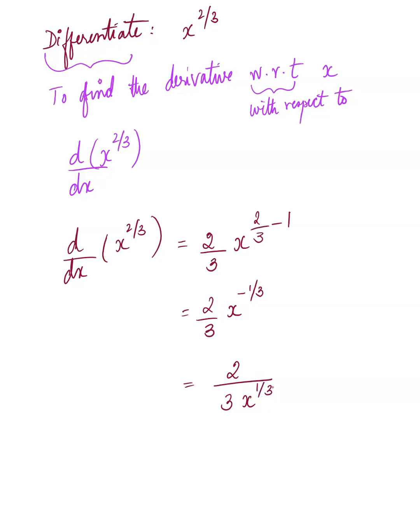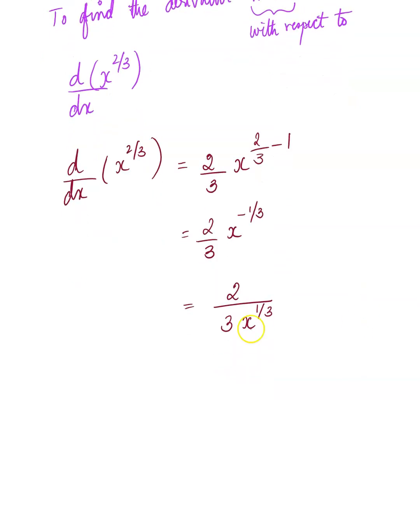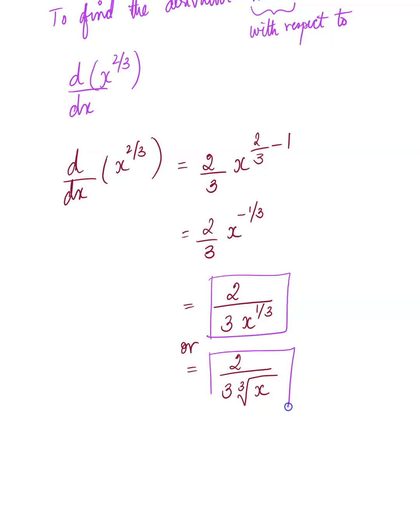And also we know that we like to rewrite this in radical notation whenever possible. So this is nothing but the cube root of x. You can leave it like that also. It just depends on how they want your answer to look. You can put it that way, or you could write it in the radical notation.